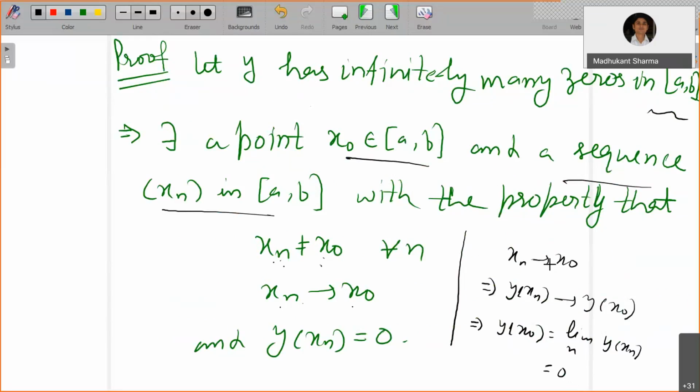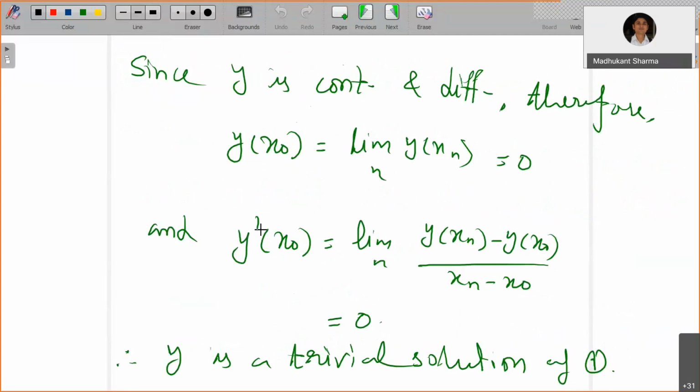So y dash at xn converges to y dash at x0. What you can derive is as follows. y dash at x0 is the limit of y dash at xn, which is the limit of y at xn minus y at x0 divided by xn minus x0. But since y at xn is 0, y at x0 is 0, and xn is not equal to x0, 0 divided by xn minus x0 is 0.